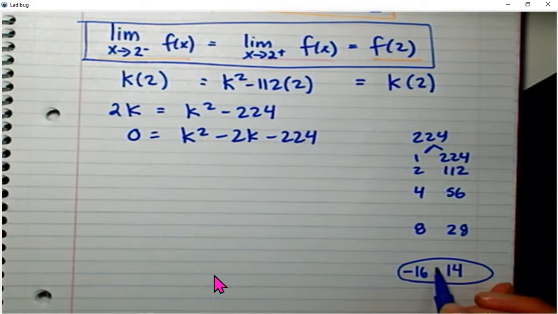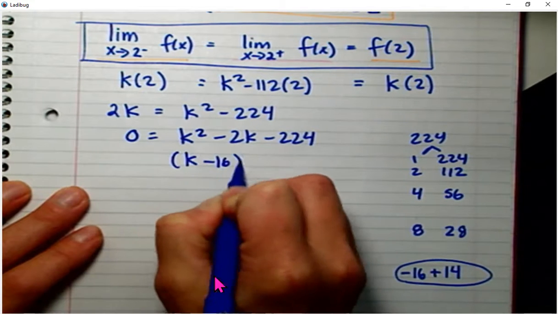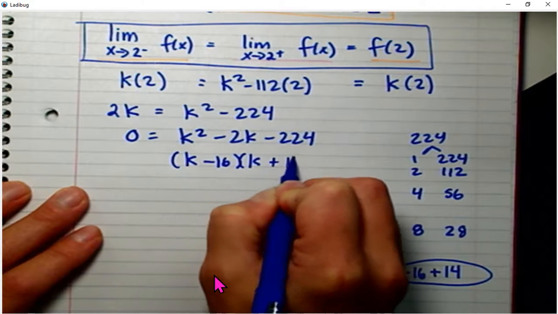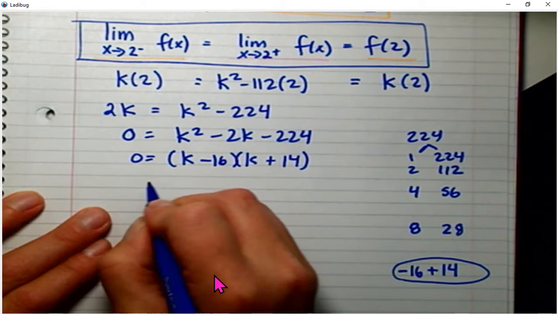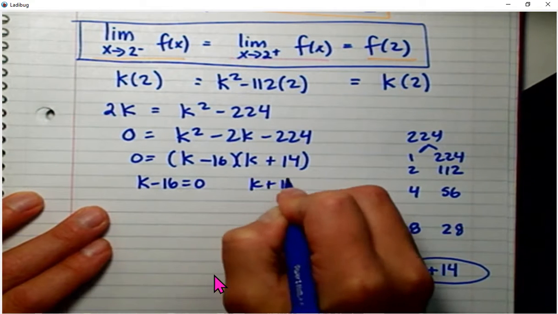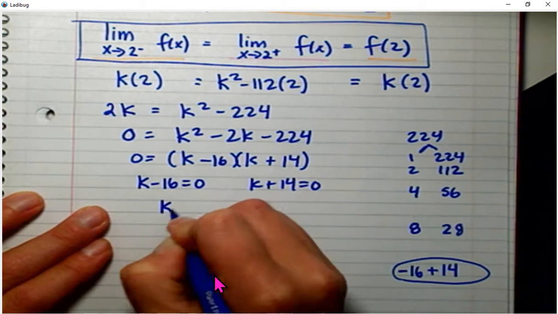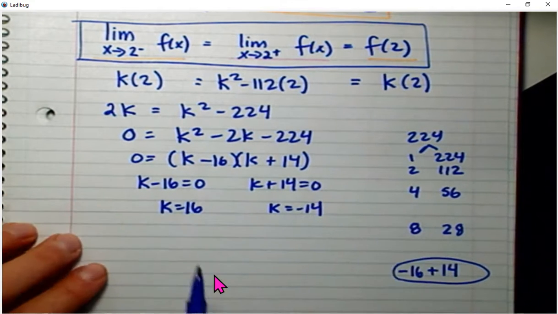So minus and positive: k minus 16, k plus 14. Set each factor to 0. K equals 16, k equals minus 14.